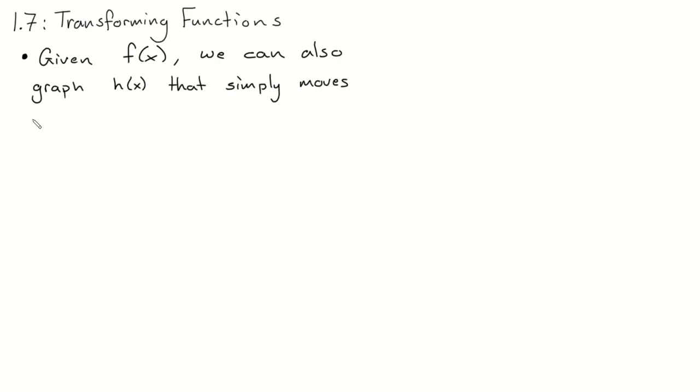When I say it moves it, there's only a few different operations that we're really worried about. I can move it left and right. I can move it up and down. I can reflect it. Have I changed anything other than its orientation and location?